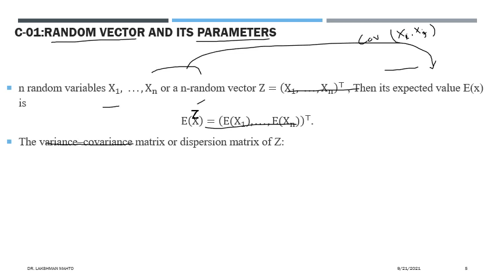That is why we represent the variability and covariability together as an n by n matrix, which we also call the dispersion matrix.